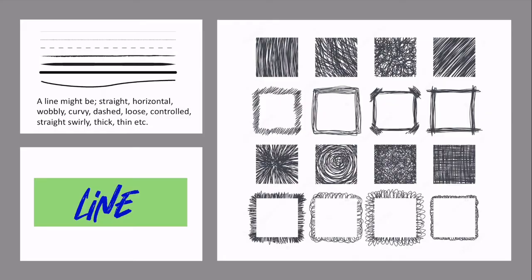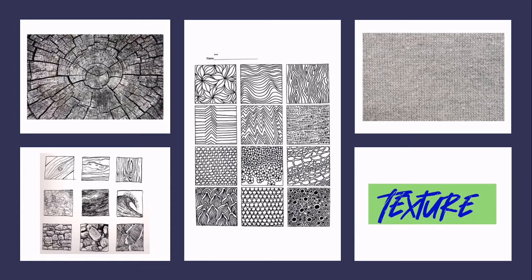And then we've got texture. So the texture describes how something feels. In an artwork, usually when we're looking at things, we can almost imagine how they feel. So for example, if we look at the picture on the left-hand side in the top corner, how do you think that would feel? Do you think it would be soft?